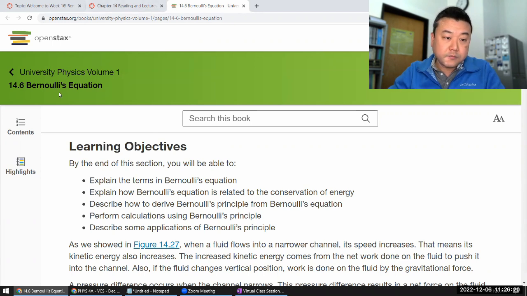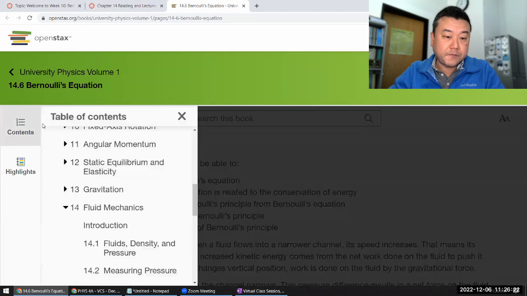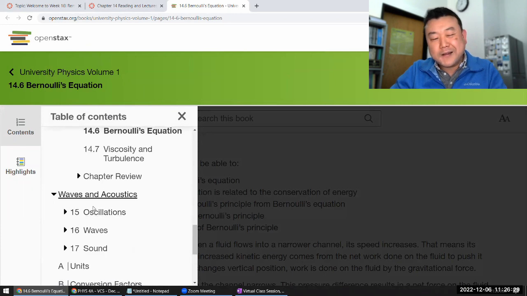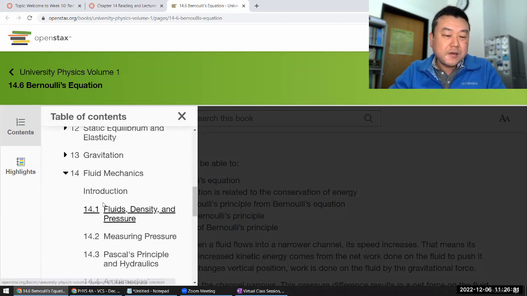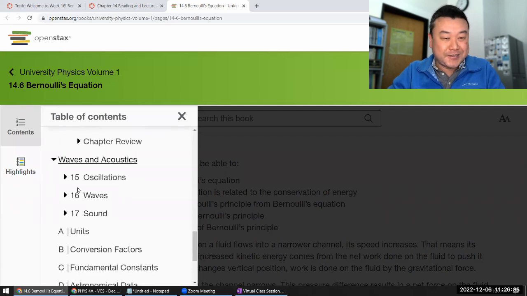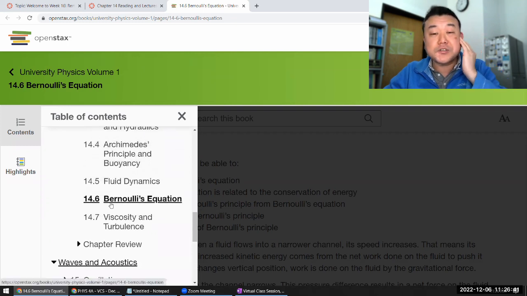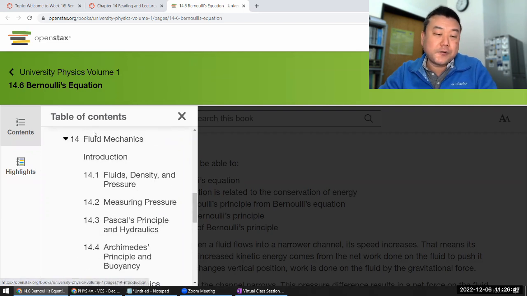So this is from chapter 14, which, if you recall, earlier we skipped. After chapter 13, we went straight to chapter 15, because of all the 17 chapters in this long textbook, the one chapter that I thought we could rush through and not spend a lot of time on is chapter 14.